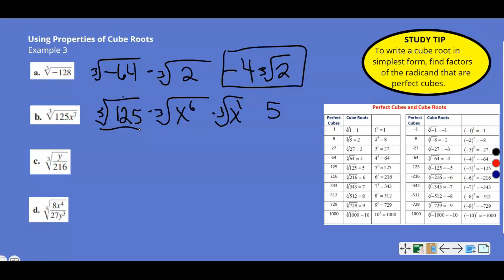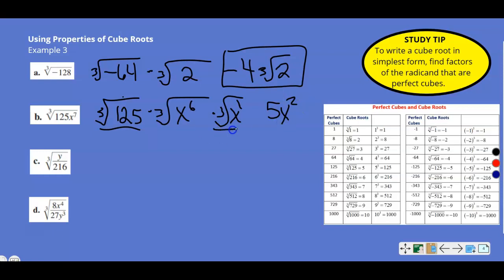The cube root of x to the 6th: you take the index, and it has to divide evenly into the power. That's why I changed it to 6 plus 1. Same base, you add exponents, right? 6 plus 1 is 7. But I changed it to x to the 6th times x to the 1st so that this one can be reduced and pulled outside the radical sign. 3 goes into 6 two times, so that becomes x squared.